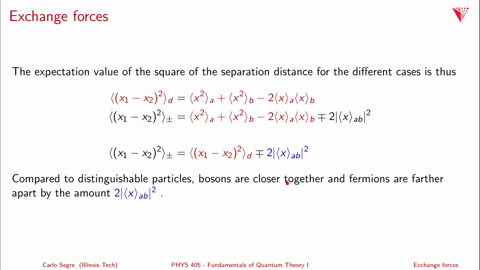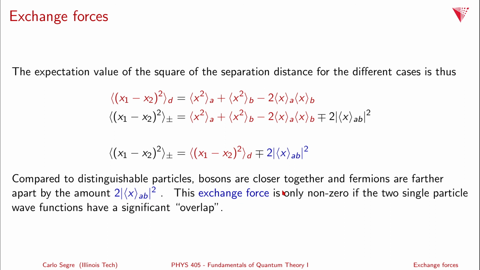So there's an actual physical, I would call it an exchange force, but of course forces aren't part of quantum mechanics. What happens is that the probability of finding the bosons closer together is higher, and the probability of finding the fermions further apart is higher.